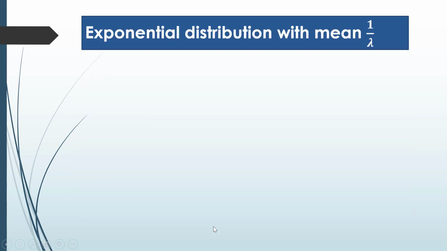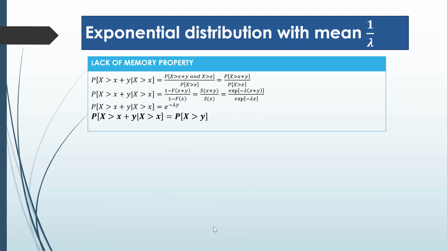Next, the exponential distribution with mean 1 over lambda. In the exponential distribution, there are two things that you need to pay attention to. The first property is called the lack of memory property. So if you are given the probability that X is greater than x plus y, given that X is greater than x, this is a conditional probability.